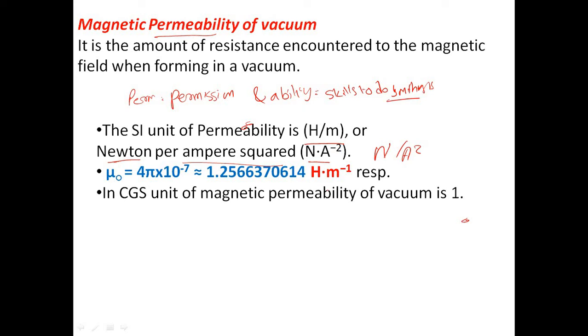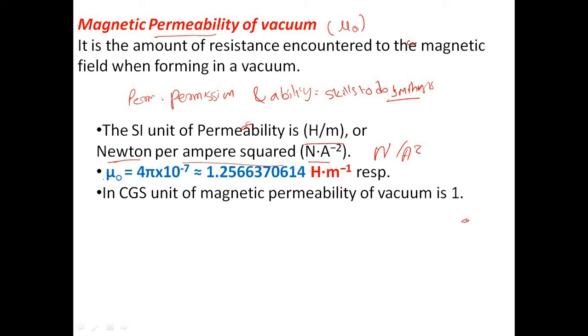This is denoted by mu 0, the notation of magnetic permeability in a vacuum. Since it is in a vacuum, a zero must be there, or we can say mu naught.